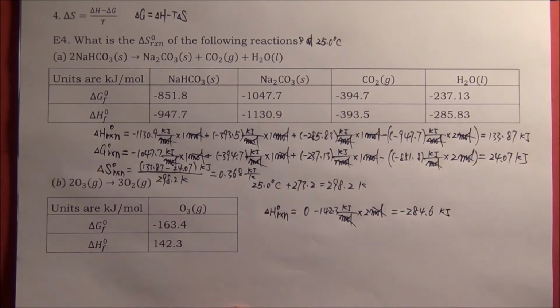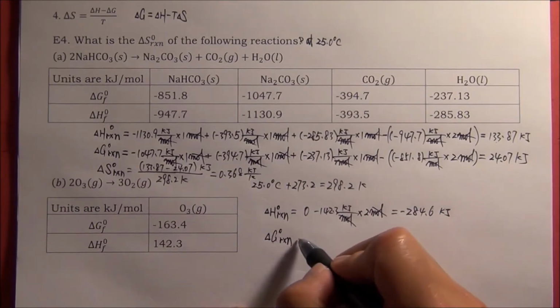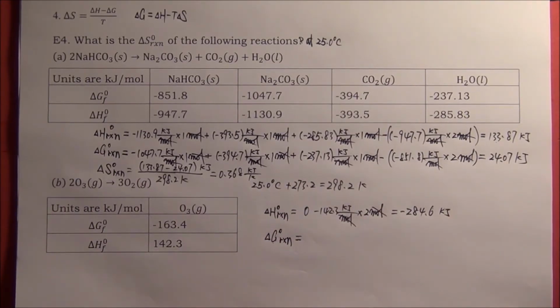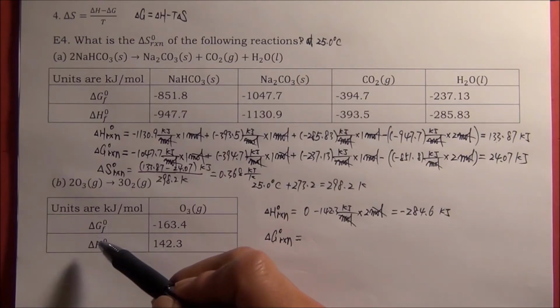We use a similar method to find the standard Gibbs energy of reaction. For the most stable element, the standard Gibbs energy of formation is 0.